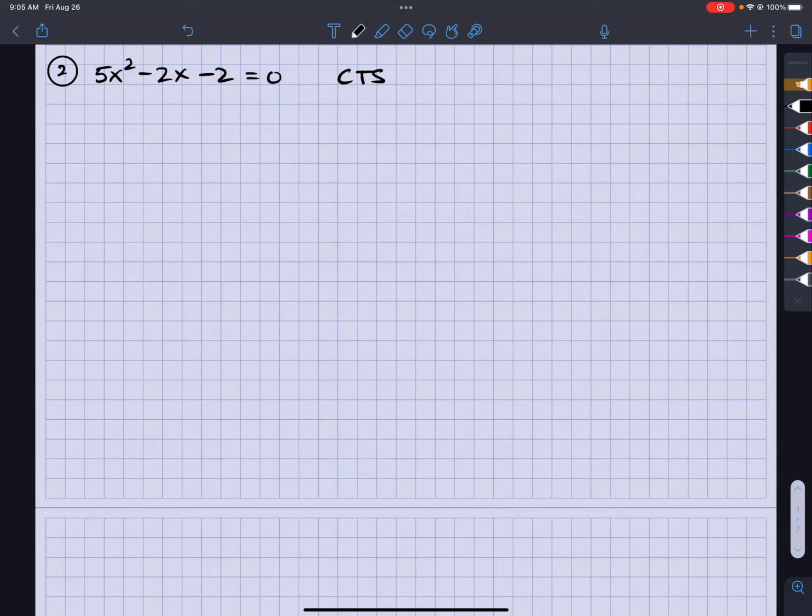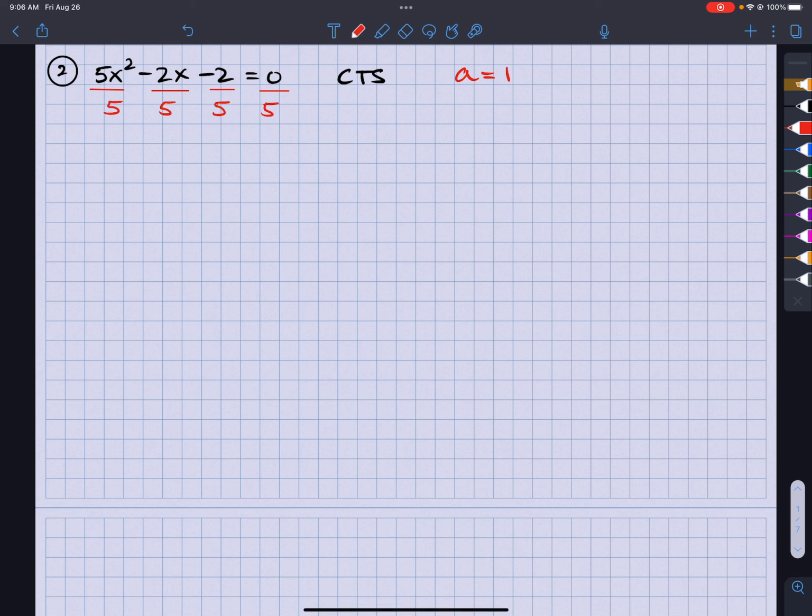All right, so we have to solve this quadratic equation with completing the squares. In order to do that, the problem with completing squares is that a has to always equal 1. So in order for us to do that, we have to divide every single term by 5.